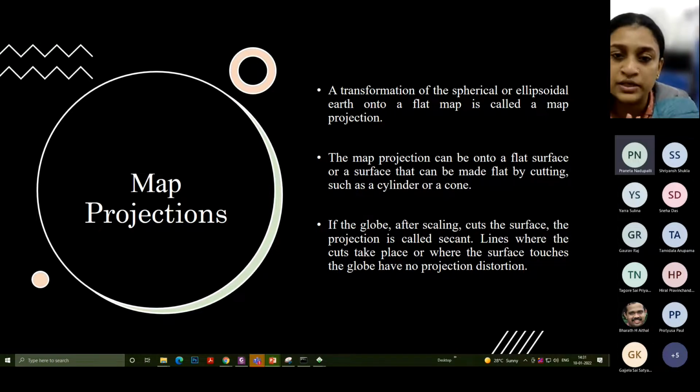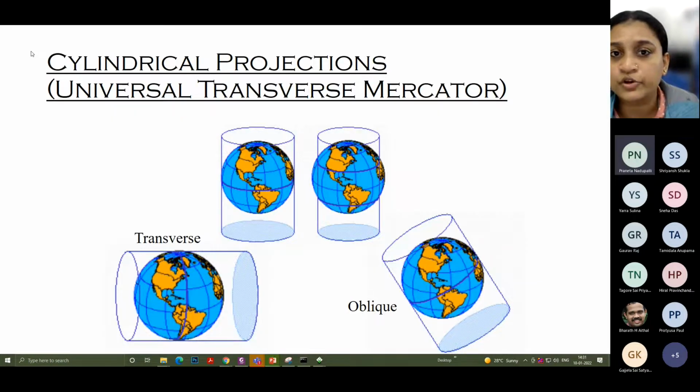That is the ideal area that can be projected without distortion. This is the cylindrical projection. We call it transverse because we use it in this way, which is why it is called Universal Transverse Mercator.